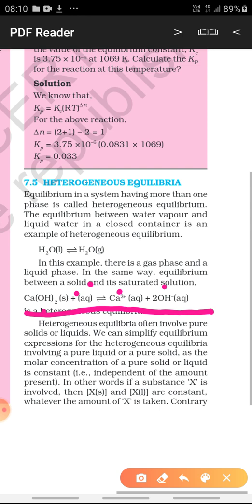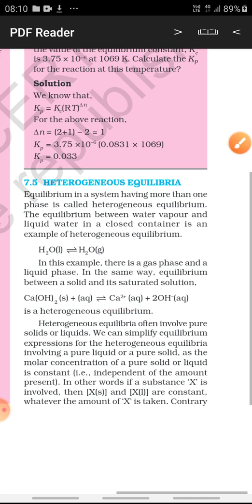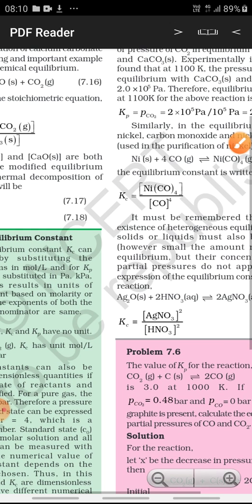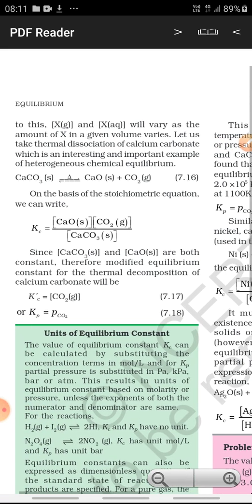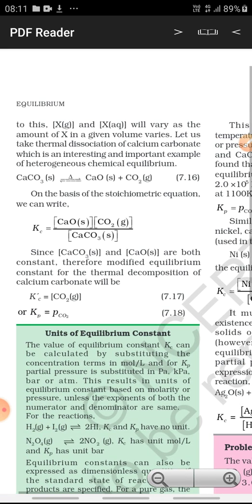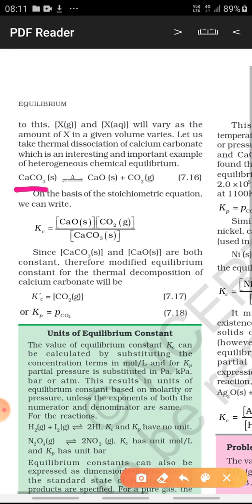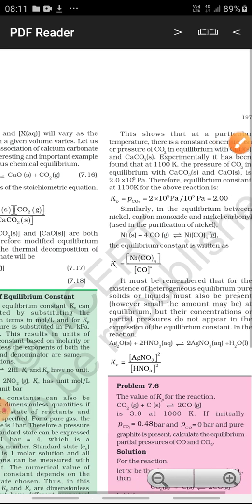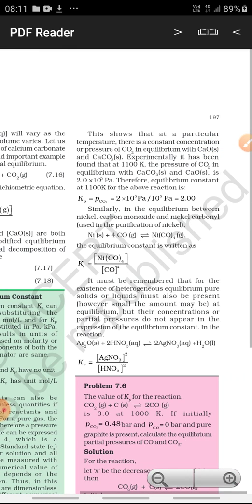Here there is a difference in the physical state if you see. So the equilibrium established in such a chemical reaction is called a heterogeneous equilibria. Another reaction in which calcium carbonate is a solid, calcium oxide is also a solid, but carbon dioxide is a gas. So here also we will say that it is a heterogeneous equilibria.